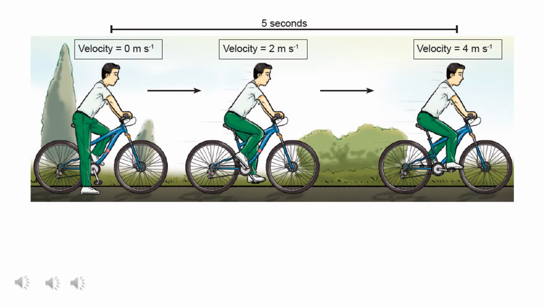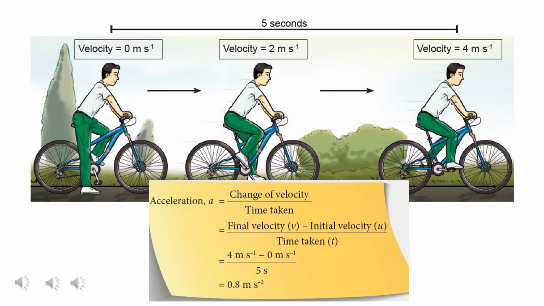The bicycle in the picture started to move from its stationary position to an increasing velocity. The bicycle is experiencing acceleration. Can you calculate the acceleration using the formula given a moment ago? What is the change of velocity? The change of velocity is final velocity minus initial velocity.